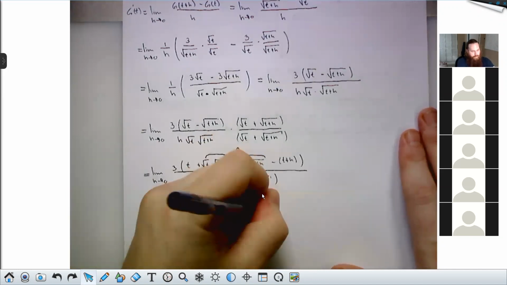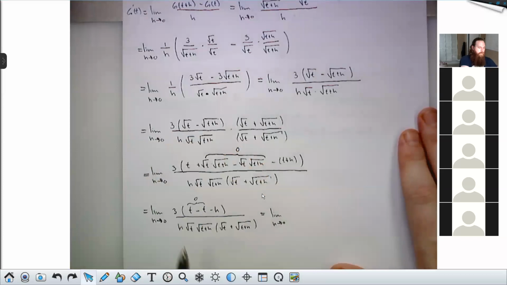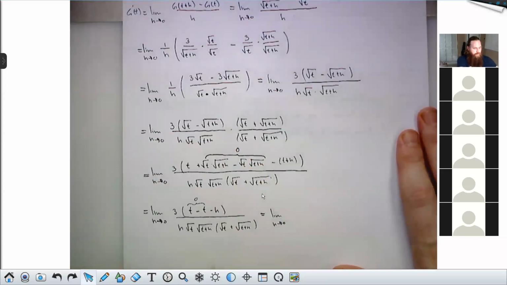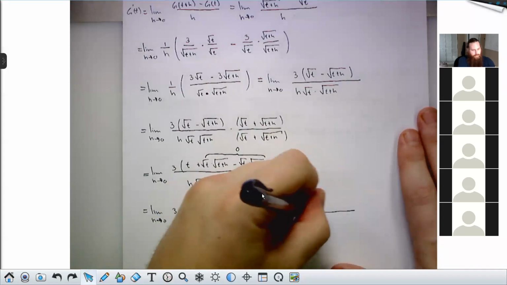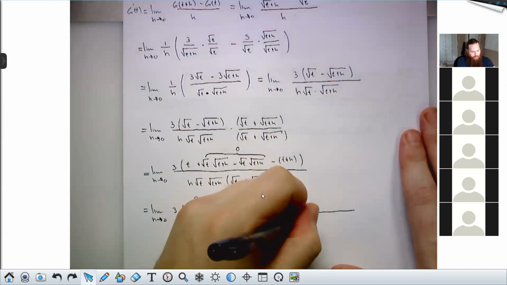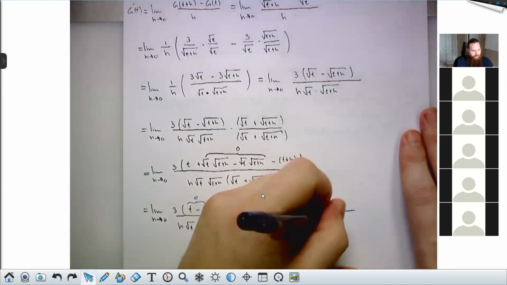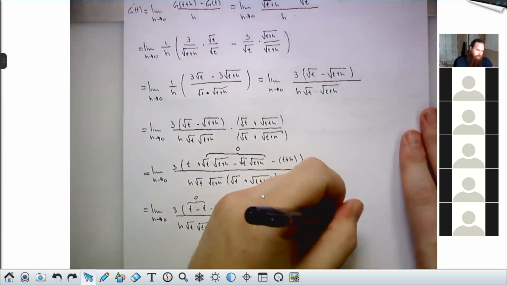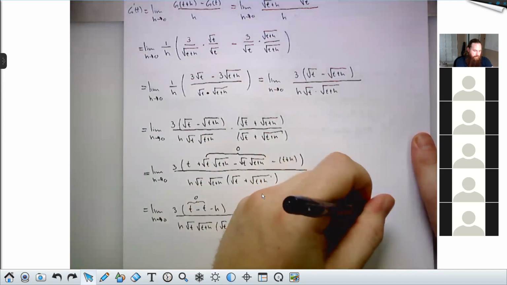So you get lim h to 0, negative 3h upstairs, divided by this monstrous denominator h root t plus h, parentheses root t plus h.